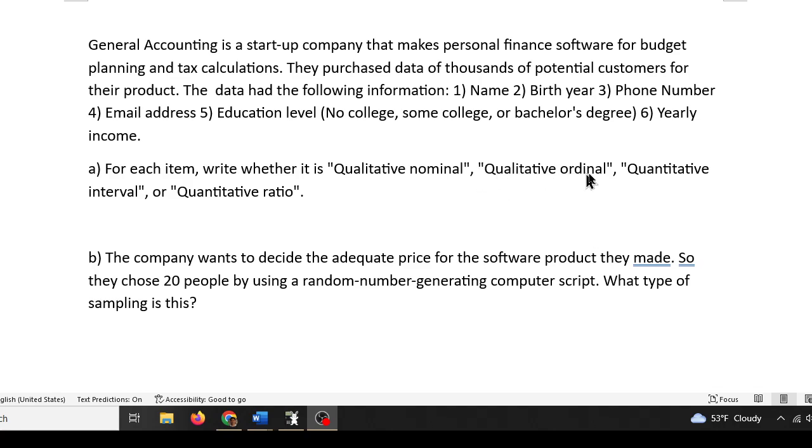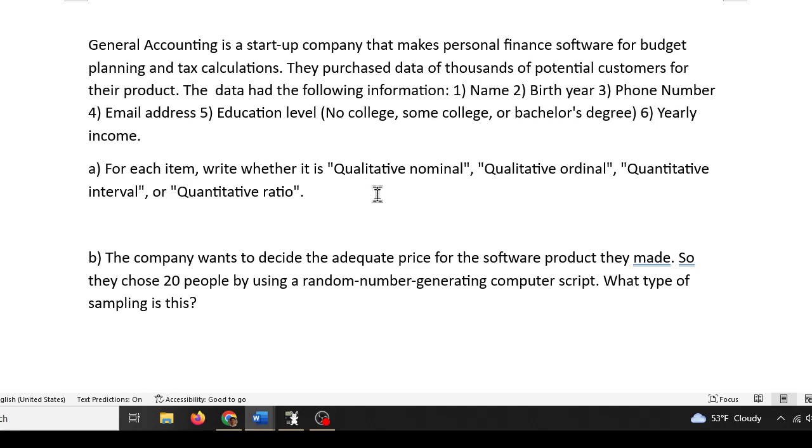So the only qualitative ordinal would be education level, because no college, some college, bachelor's degree can be ordered in terms of degree of education. So no college would be having less education than the bachelor's degree. So there is an order going from here to there. So education level will be qualitative ordinal. All the other qualitative information would be qualitative nominal.